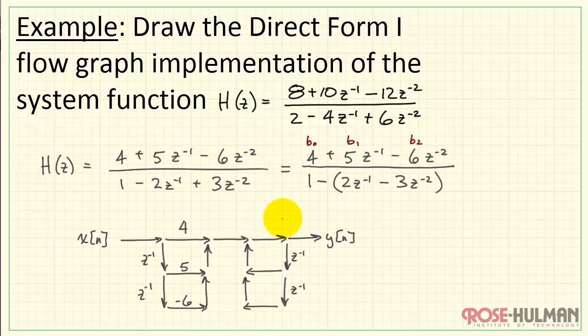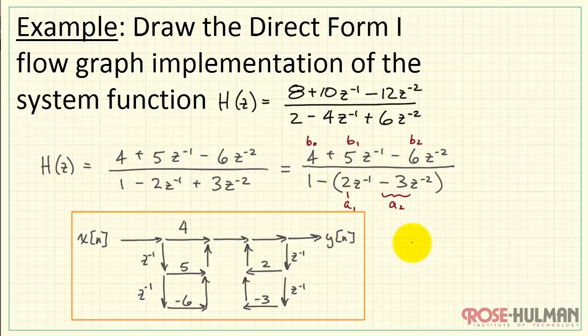Since I've made the standard form modifications, I can simply put down the a1 and the a2 coefficients, and that would give me the positive 2, which is equal to a1, and then minus 3 would be equal to a2. I can then translate those directly onto the flow graph. And that's the final result.